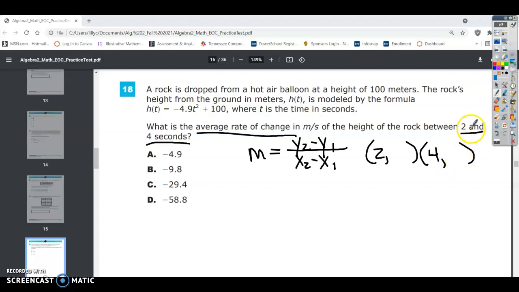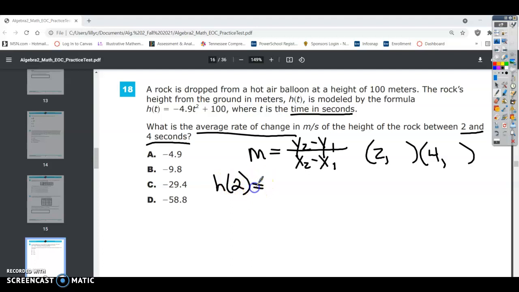All right, so how do we do that? So remember 2 and 4 seconds. Seconds is time in seconds here. So all we have to do is plug in 2 first. So I'm going to have h of t, or I can say h of 2 because I'm plugging in 2. So I'm going to use 2 seconds.